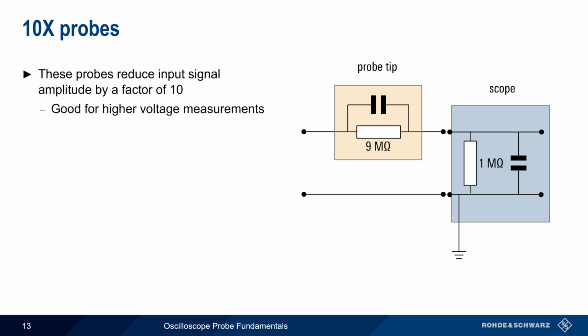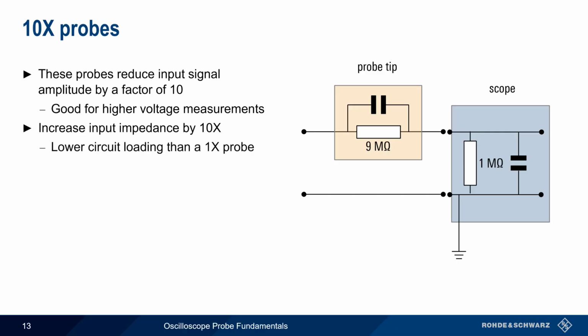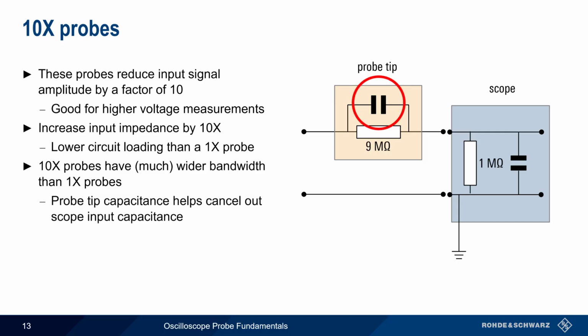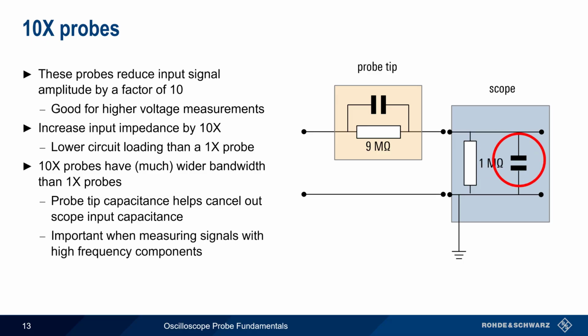The added attenuation also increases the scope input impedance by a factor of 10, meaning that 10x probes create less circuit loading than 1x probes. And recall that 10x probes have much wider bandwidth than 1x probes. This is because the capacitance in the probe tip helps to cancel out the scope's inherent input capacitance. This is particularly important when measuring signals with high-frequency components, such as square waves and pulse signals.